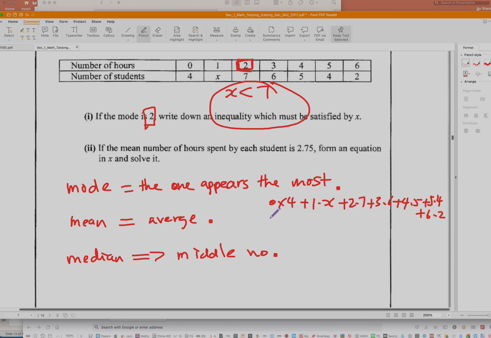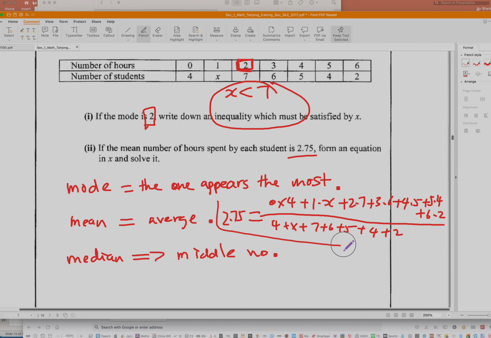This will give you the total, divided by the total number of students: 4 plus x plus 7 plus 6 plus 5 plus 4 plus 2, equals 2.75. This is what you need to solve.